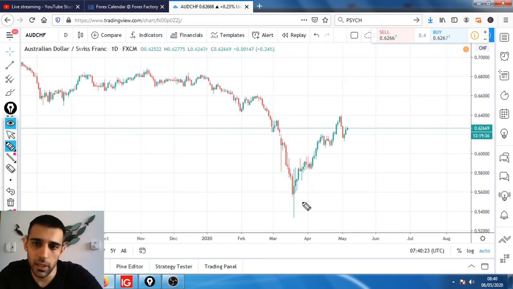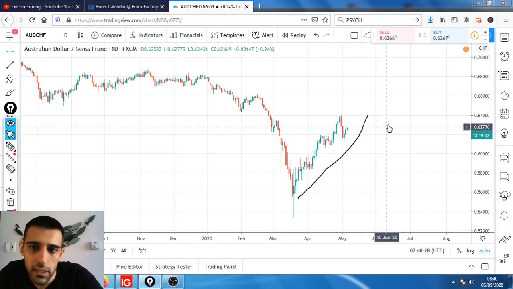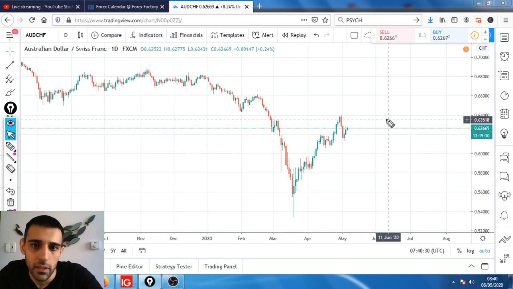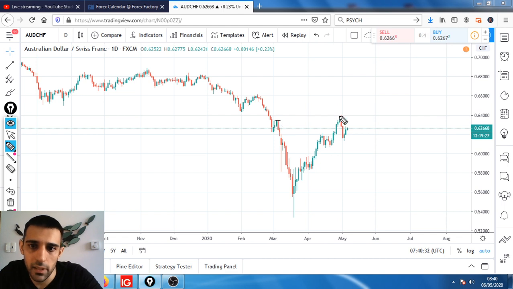So far it does look towards the upside as of the big trend. The price has taken out this high, so the price is higher than this high, and let's see where it's heading.